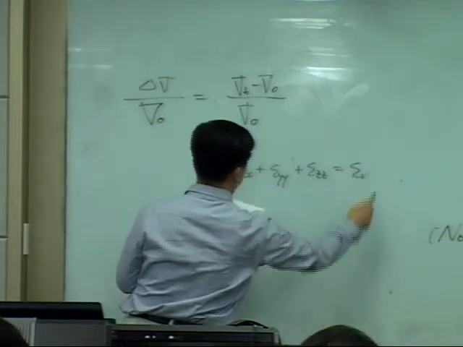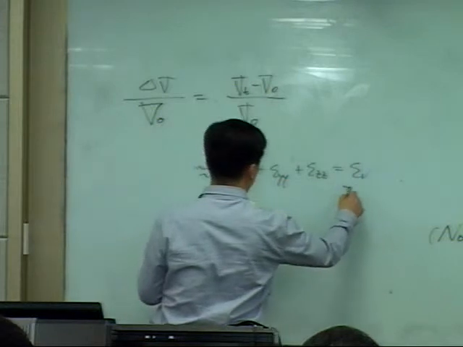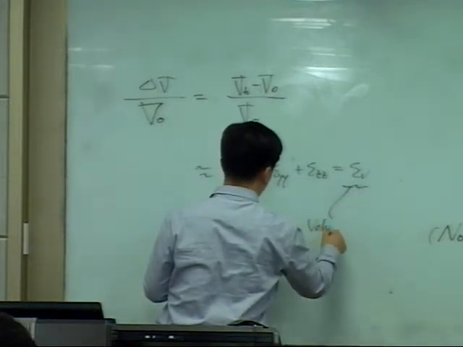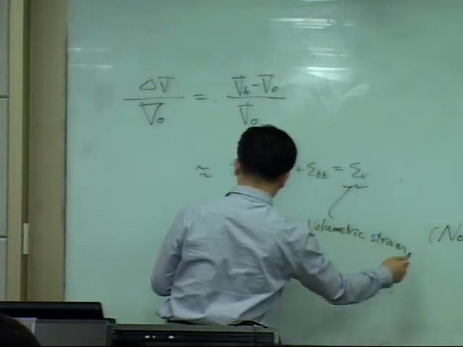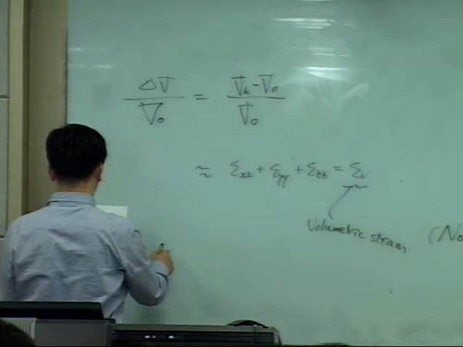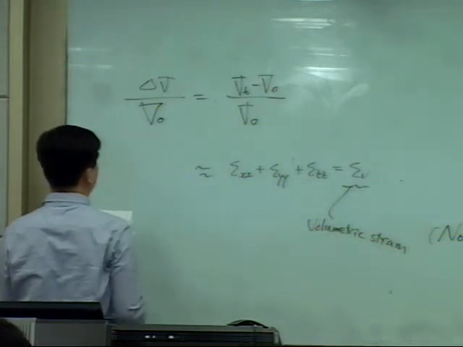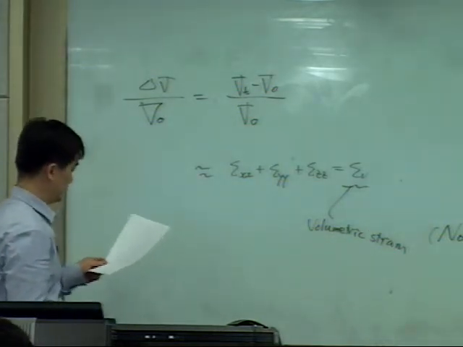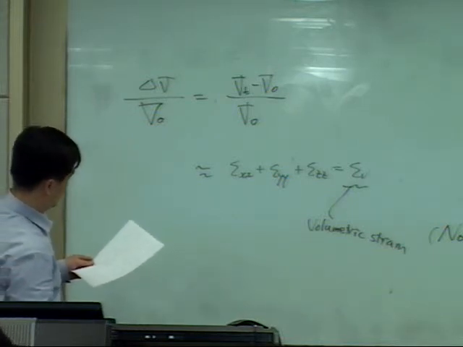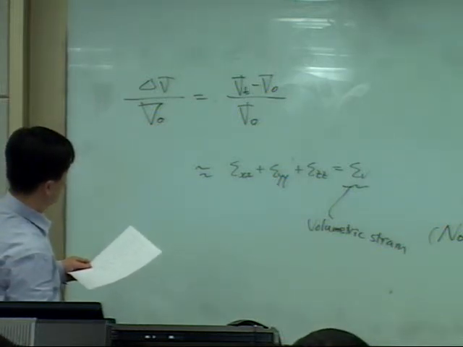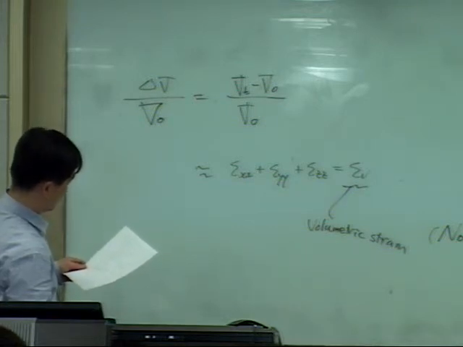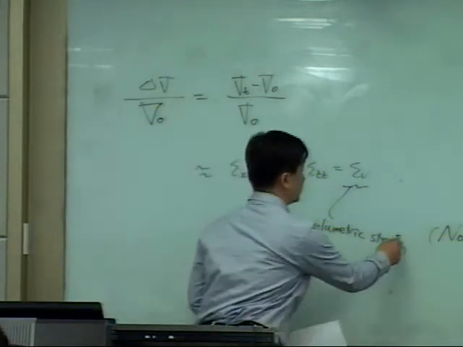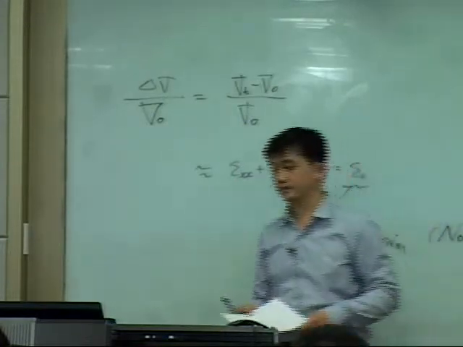This is epsilon V, and this is named the volumetric strain. So from the volumetric strain, you can calculate the volume change. Okay, so here epsilon V is the volumetric strain.